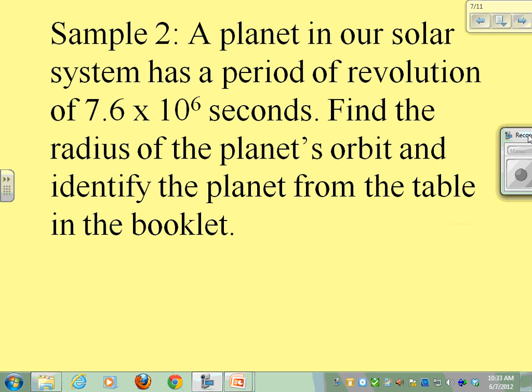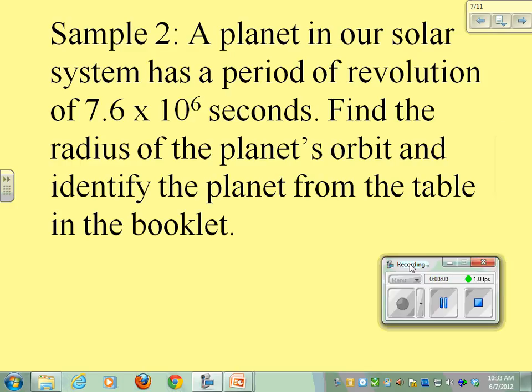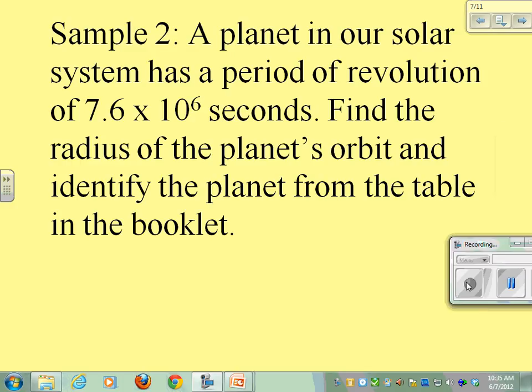All right, so here's sample number 2, which is where we left off. I'll pause here and let you jot that down. So we've got the period of revolution, and we want to find the radius of the planet's orbit. We're going to use Kepler's constant again: k sun is equal to r cubed over T squared.